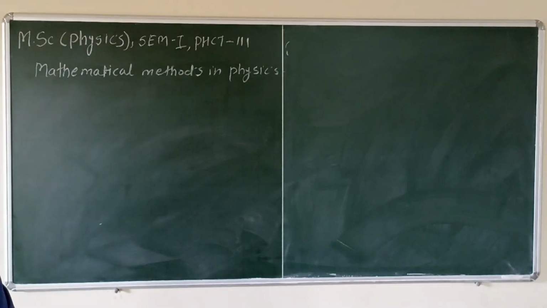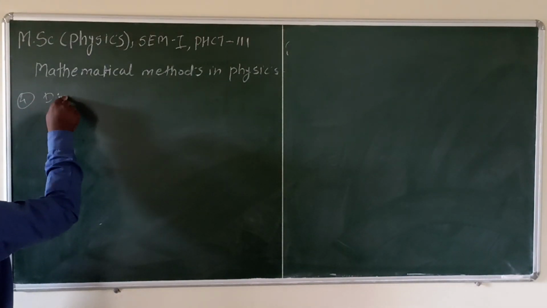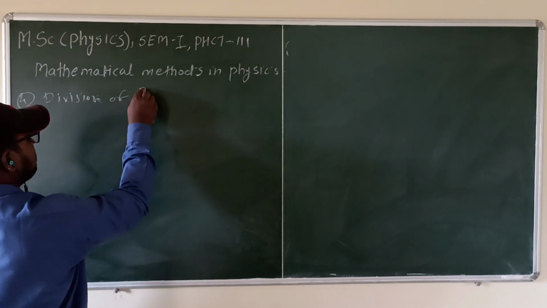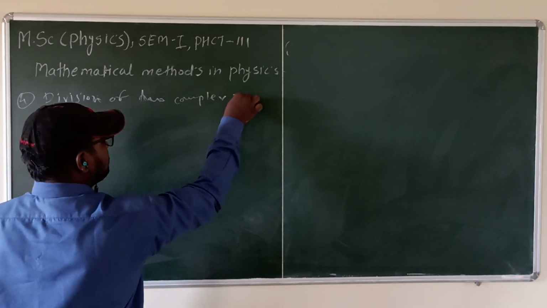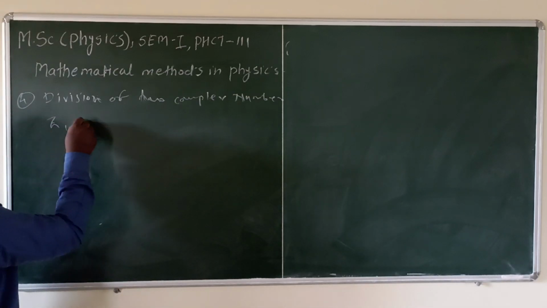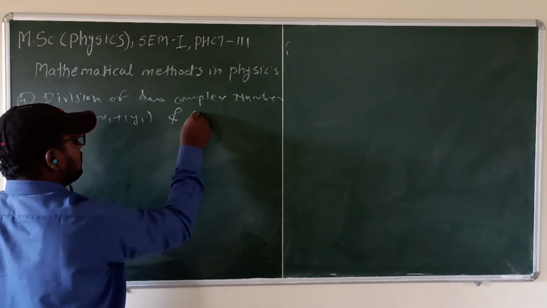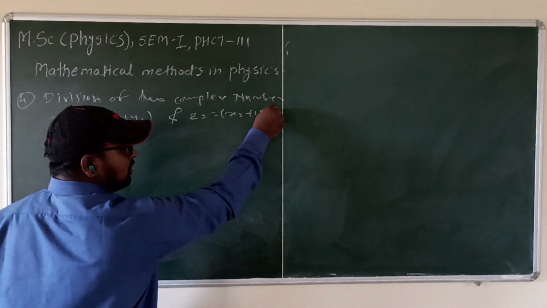Division of two complex numbers: z1 is equal to x1 plus i y1 and z2 is equal to x2 plus i y2.